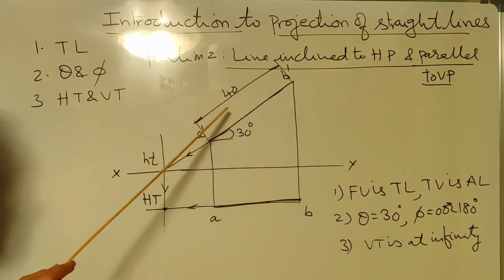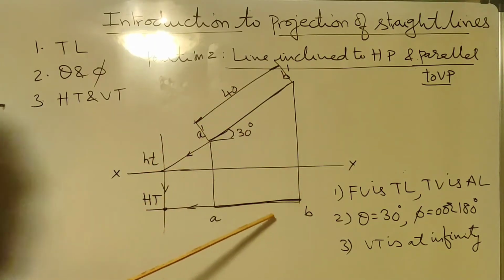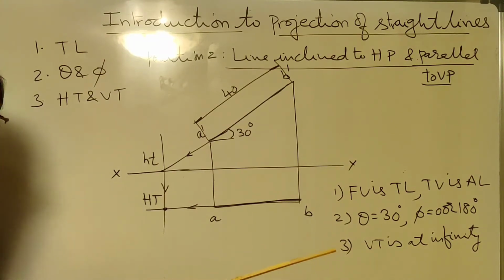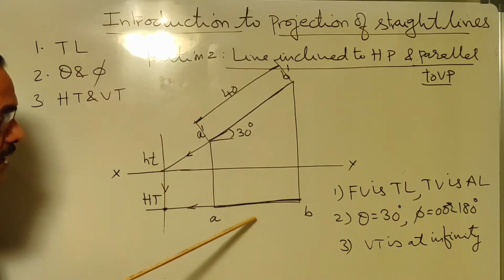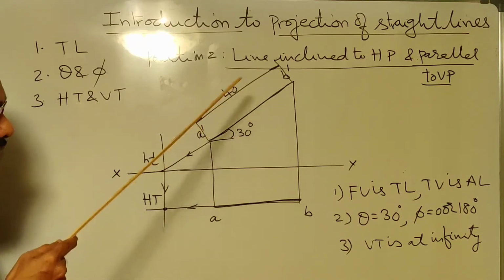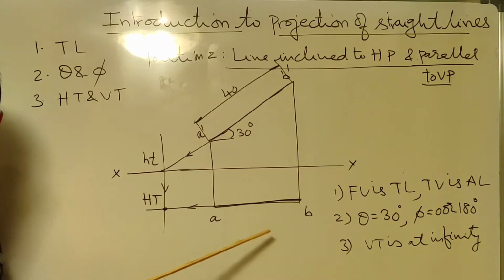If the front view of a line is true length, then the top view is parallel to XY line. So vice versa of the statement. If the top view of a line is parallel to XY, then its front view is true length. Or if the front view of a line is true length, then its top view is parallel to XY.